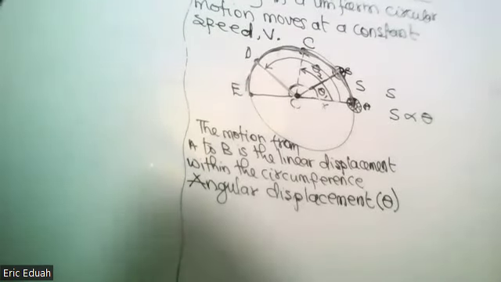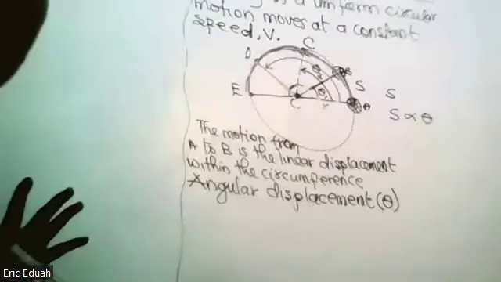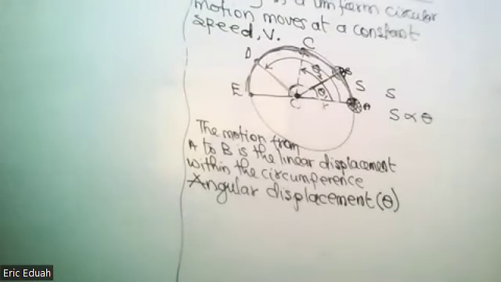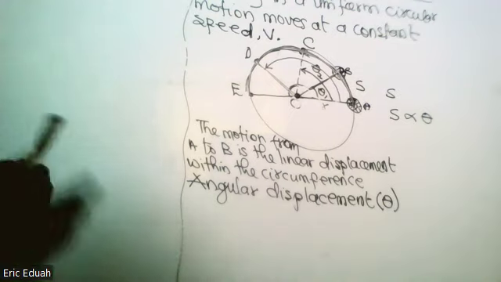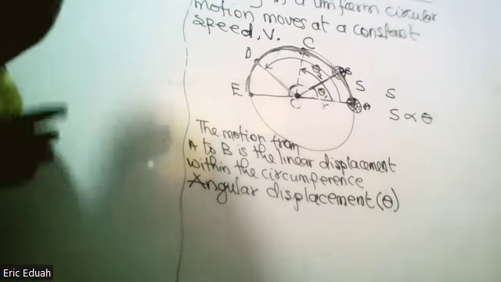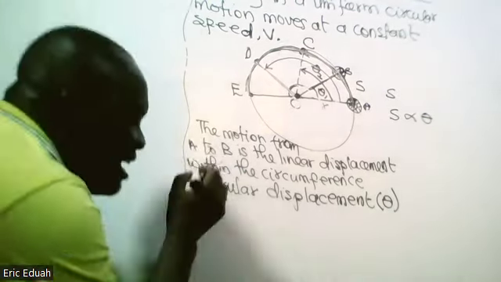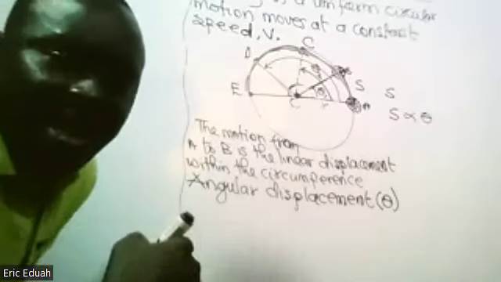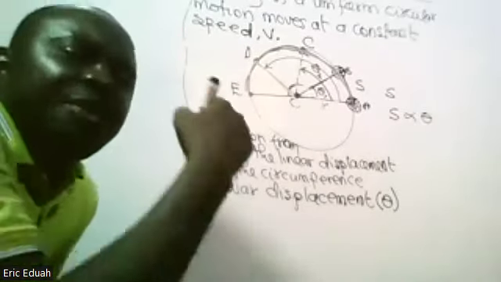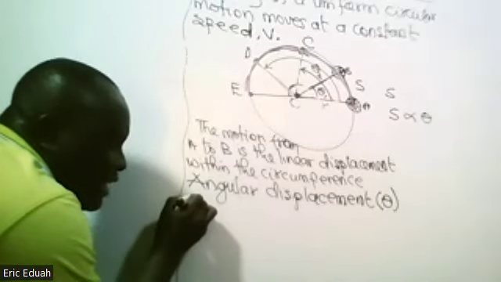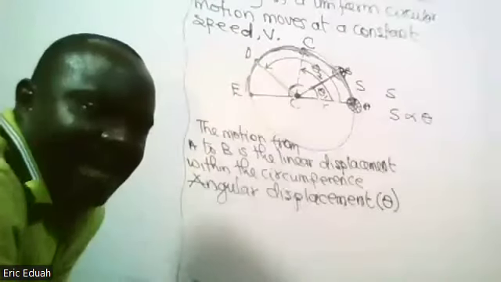Okay. Thank you. Let me also bring in my view. So I would explain it as the angular displacement is the angle swept by what sweeps the angle? By the radius of the circle at the center.